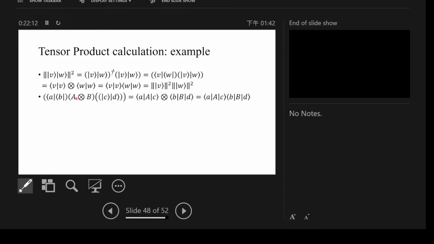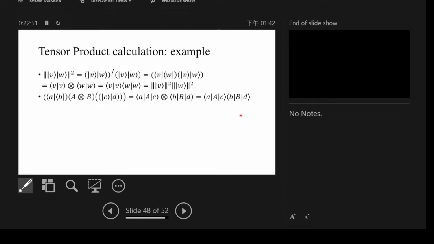So you will have A bra times A times C in the first slot, then tensor, and in the second slot B bra times B times D. So you can calculate the first slot, then tensor the second slot. And in this example, you can also omit the tensor because each is a number, so you just have two numbers multiplying together, and it gets a number.